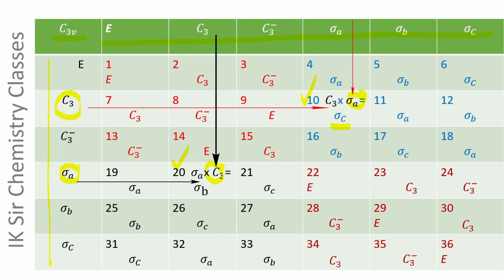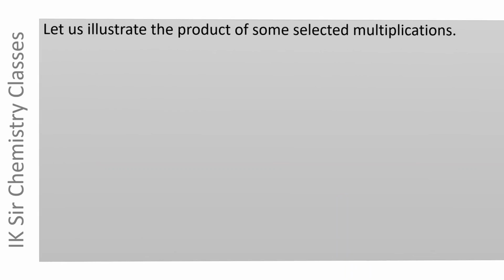Sigma A multiplied by C3 is represented at position 20, and the product is sigma B. Similarly, the entries at other positions represent the corresponding multiplications. Let us illustrate the product of some selected multiplications.